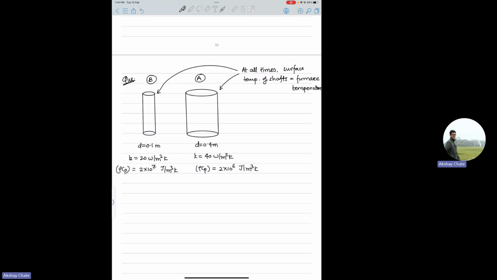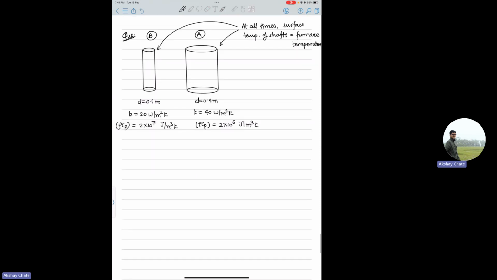So what they are saying in the question is: the center line temperature of shaft A reaches 400 degrees Celsius in 2 hours.